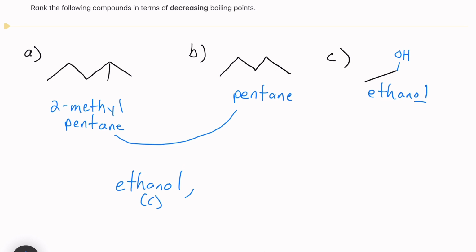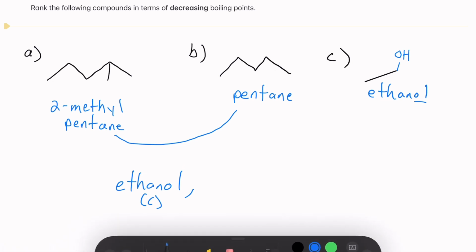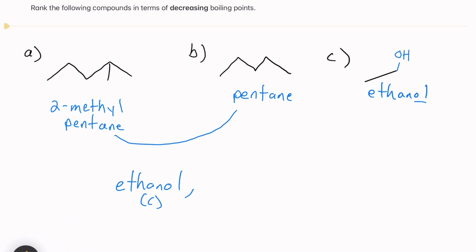And then now between these two compounds, well, they're both alkanes. They both have the same number of carbons in the parent chain, right? They each have 5 over here. I'm highlighting the parent chains.